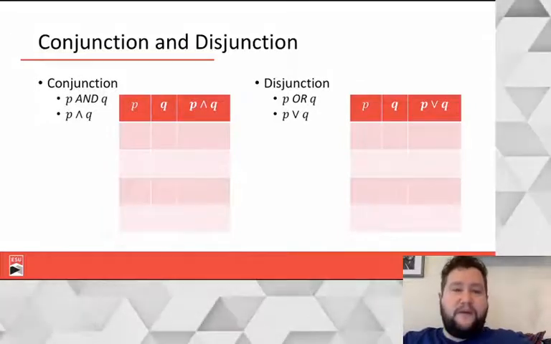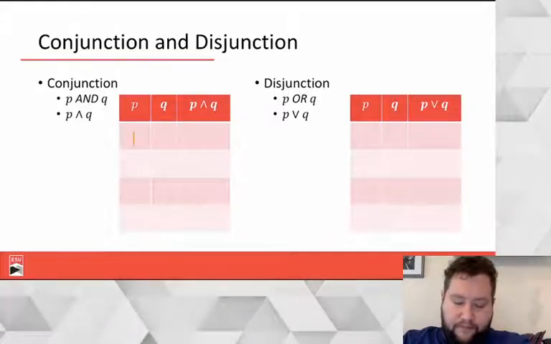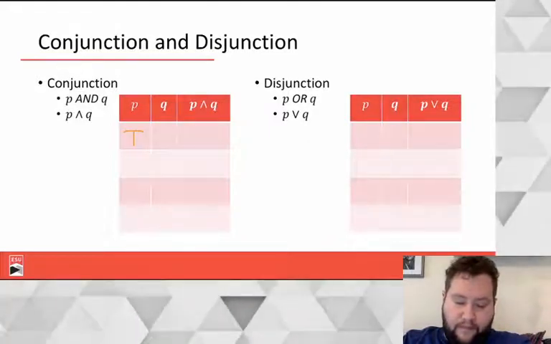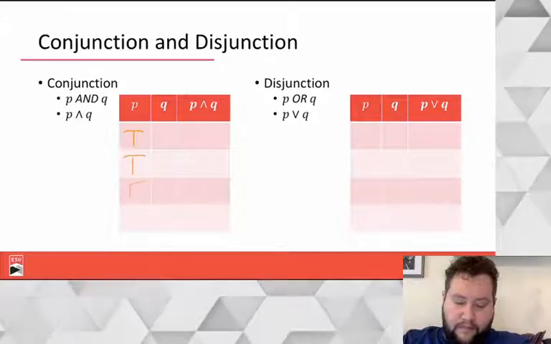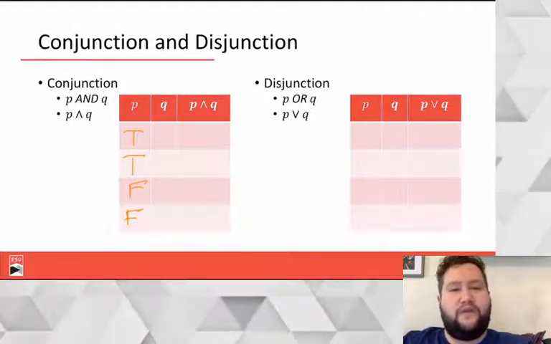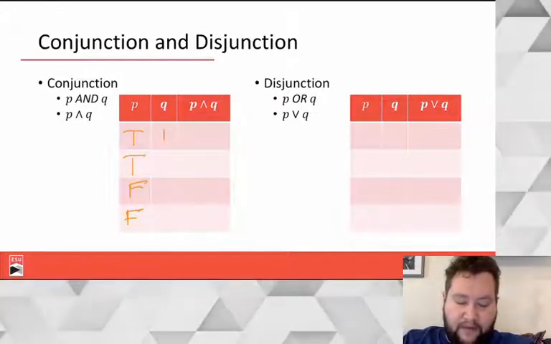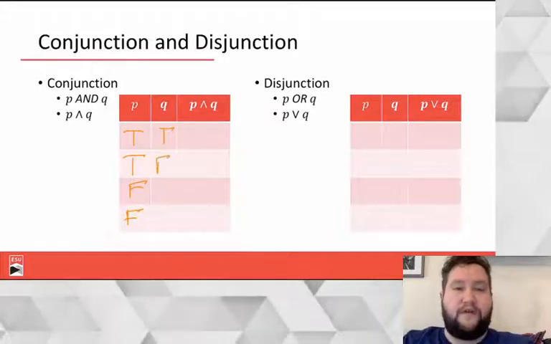So first we know that P can be either true or false. And you're like, well, why did you write two trues and two falses? Well, if P is true, we either have Q is also true or Q is false.